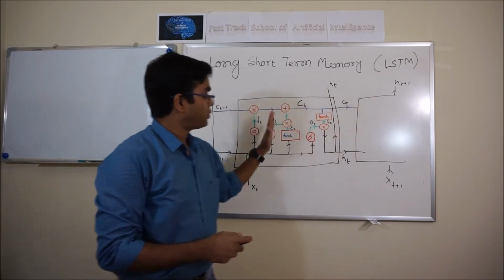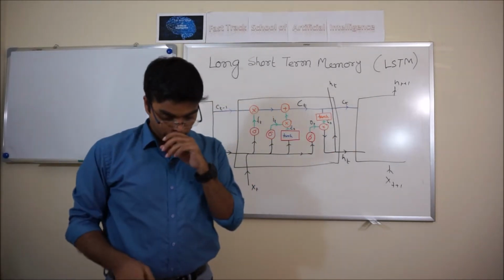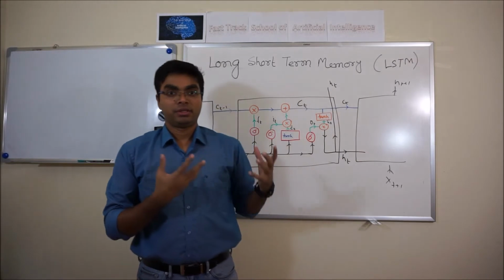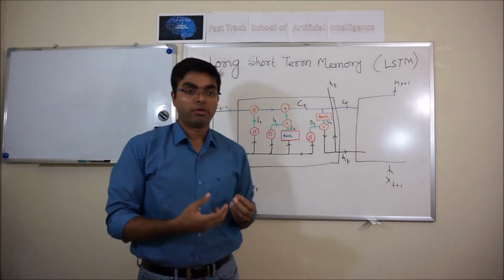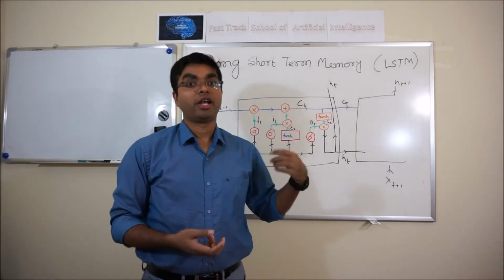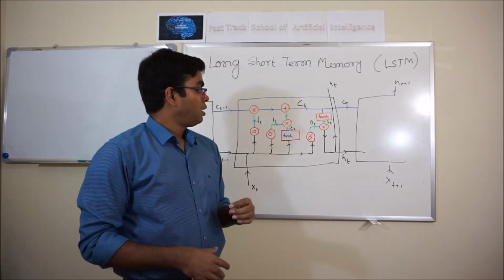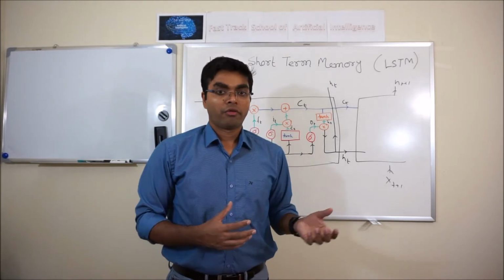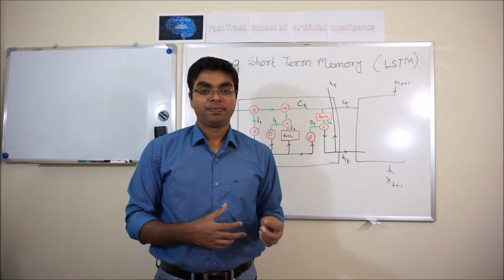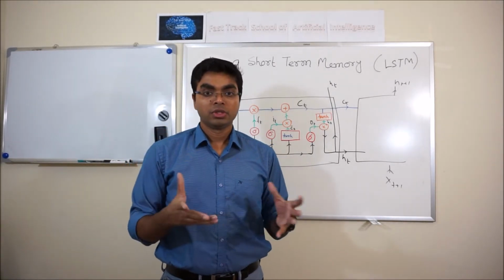This is the whole operation for LSTM. We are going to implement this LSTM model in our next lab sessions. Once we have tried the simple RNN functions, then we'll try this LSTM. Then we'll have many versions of it, like bidirectional LSTM, stacked LSTM, and similar things.